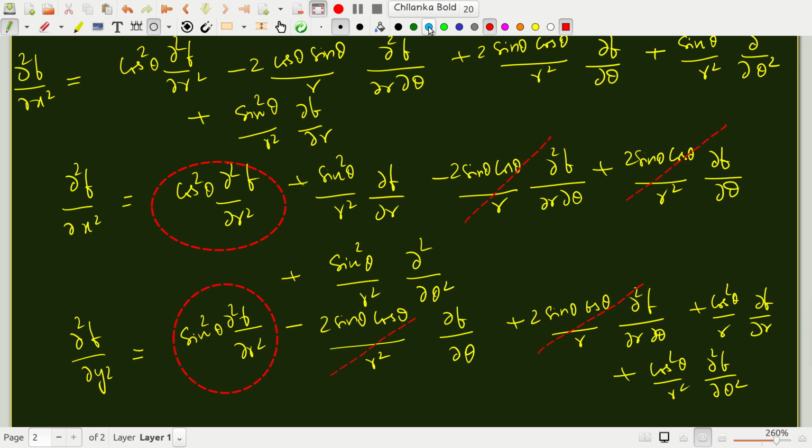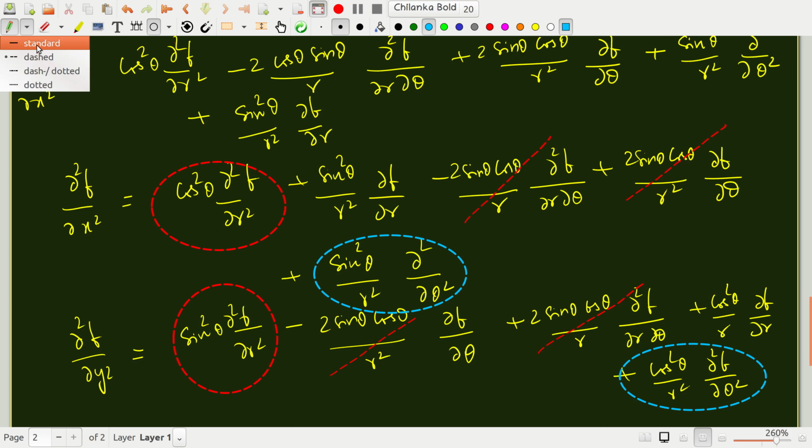In the same way, if you look at this term and this term, I'm sorry if I have not written an f here, because this has to have an f. Now, if you look at this term and this term, again partial squared f by partial theta squared times 1 over r squared times cos squared theta plus sin squared theta. Cos squared theta plus sin squared theta is 1.